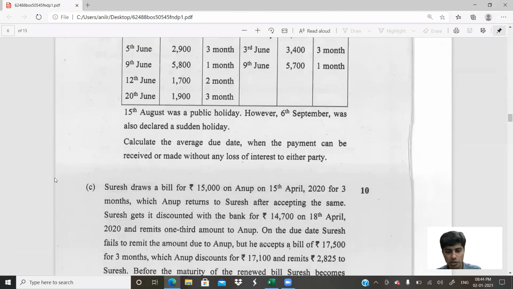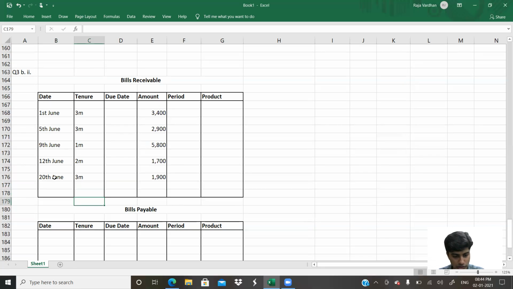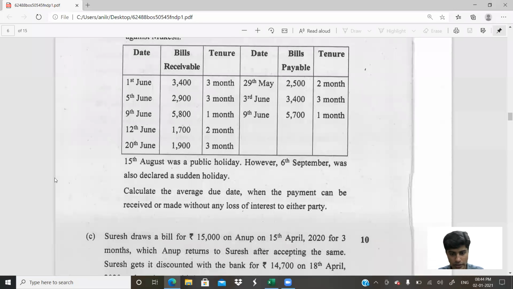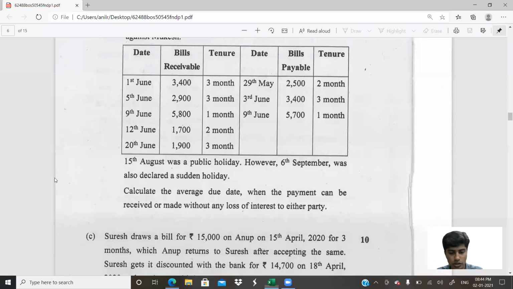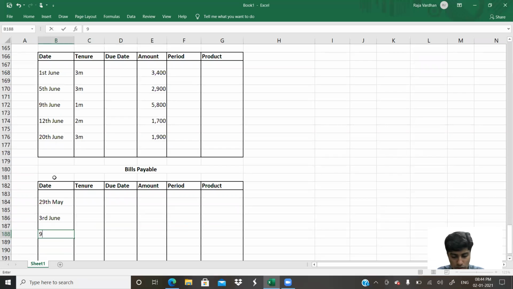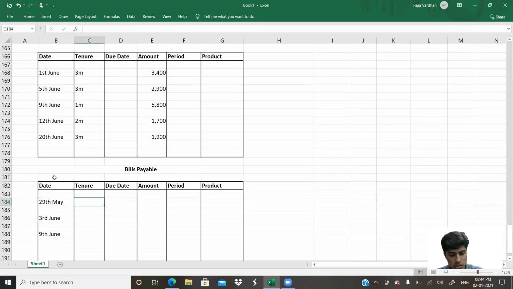Let's do that for bills payable also. Only 29th May, 3rd June and 9th June. Tenure is 2 months, 3 months, 1 month.